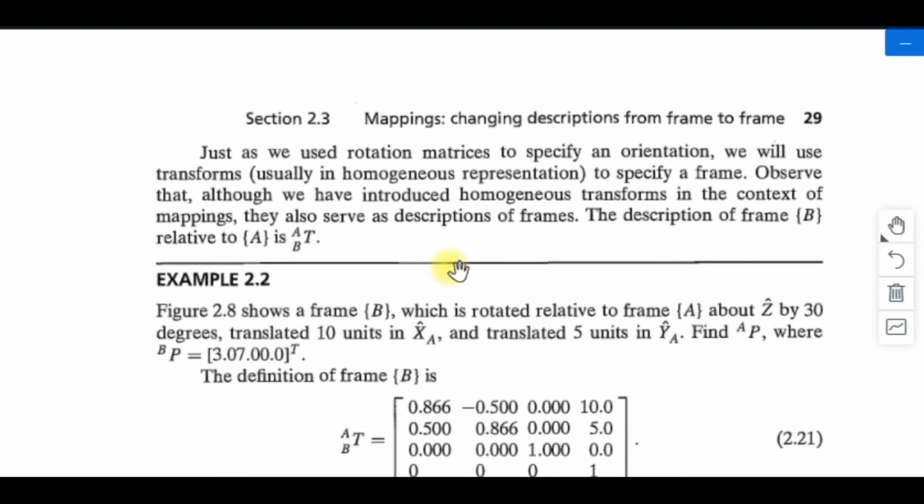There is no change in its value, only we represent it with respect to another coordinate system. It's already described in another coordinate system, and we describe it in a global coordinate system.